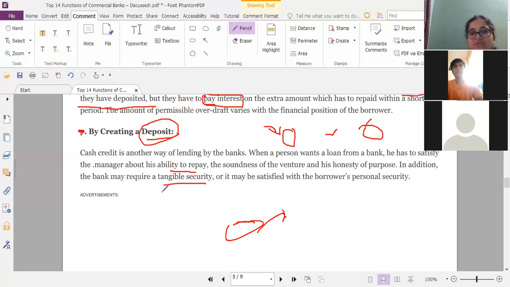So only if you have some tangible security, tangible is nothing but which can be seen, right? So you can't go and tell them that I have the skill of computer technology and this is how I'll repay you the loan. That will not work. Only tangible will work. Tangible security, like the property or gold if you have, or something like this, right?